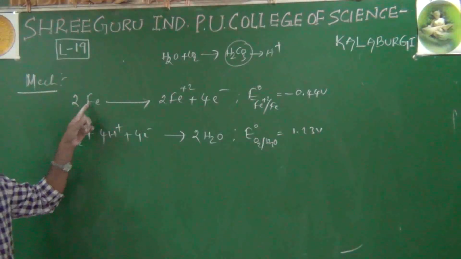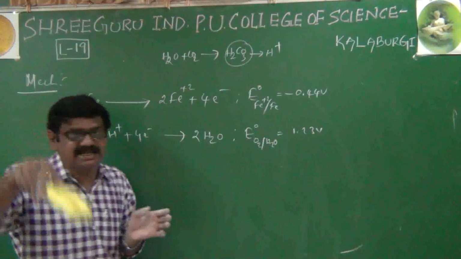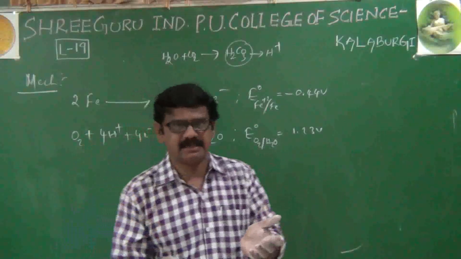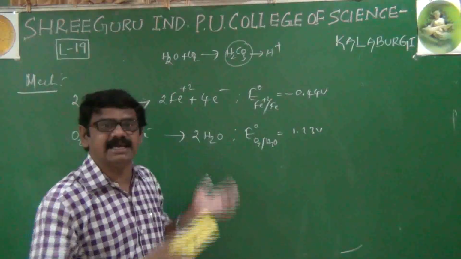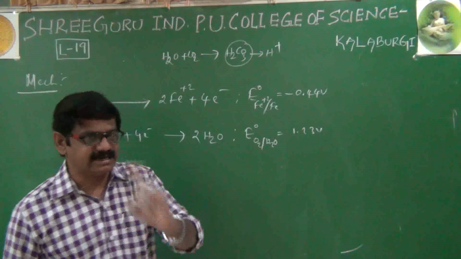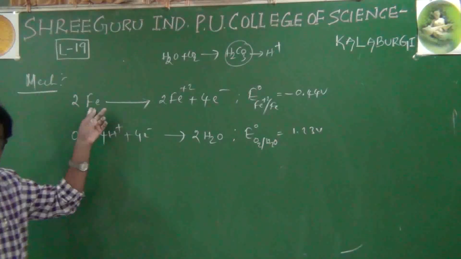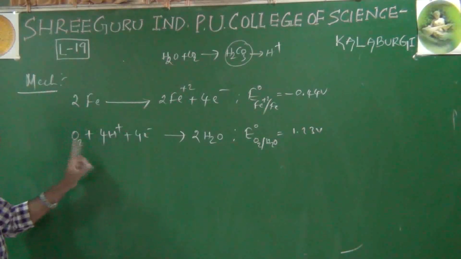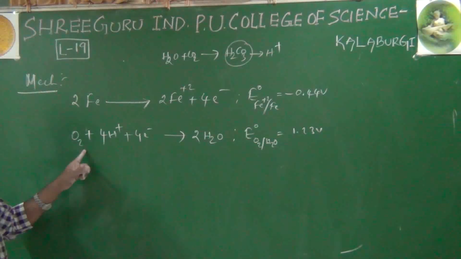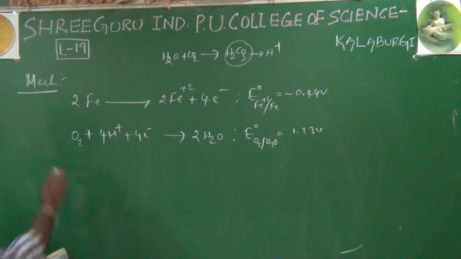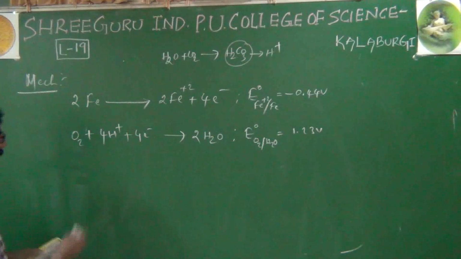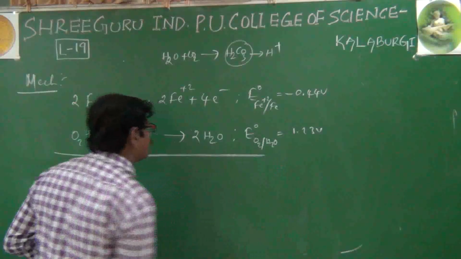This means when iron as well as environmental constituents, nothing but air, are exposed to each other, definitely iron undergoes oxidation being less SRP, and oxygen undergoes reduction being more SRP. Now we'll add both the reactions, then we get the overall reaction.